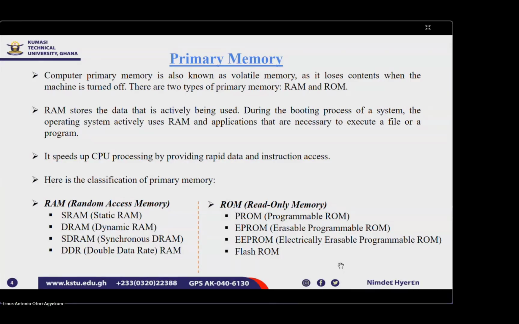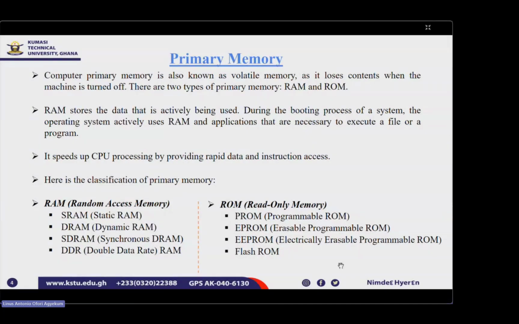And so when we look at the RAM being an example of primary memory, we have several types of random access memory. So we have the SRAM, which is the static random access memory. We have the DRAM, which is the dynamic random access memory. Then we have the synchronous dynamic random access memory.